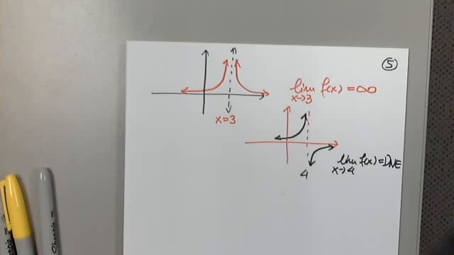Yes, Joe? So I get how to do them, but how do you actually write, like, saying something approaches something? With the limit operator. So no more arrows. We're done. That was the first time when I had to explain and give you the idea, but this is what we use from now on. The limit of f of x as x approaches 4, either from the left or from the right or from either side.